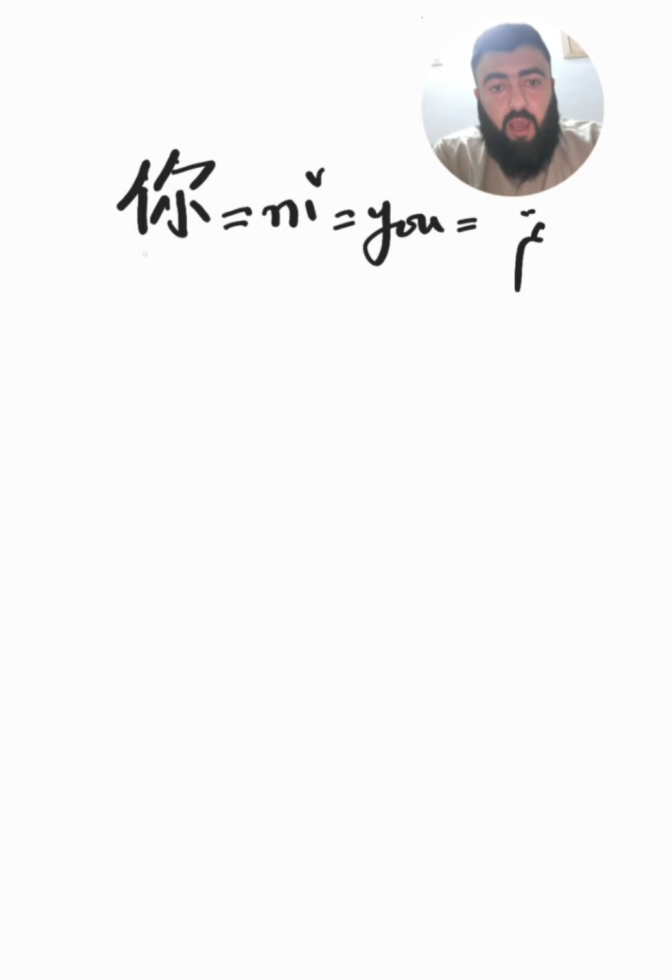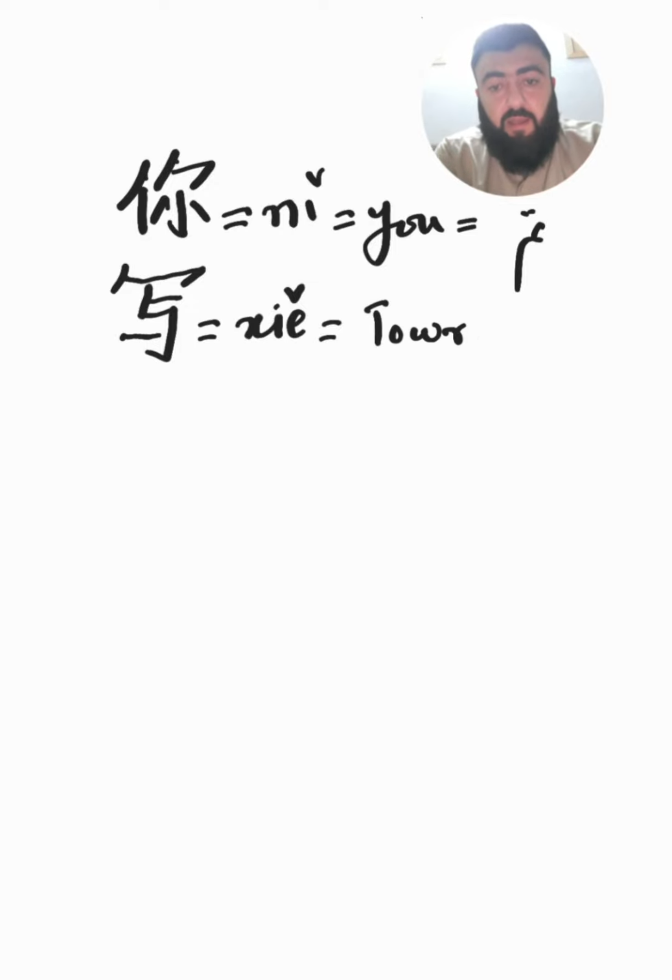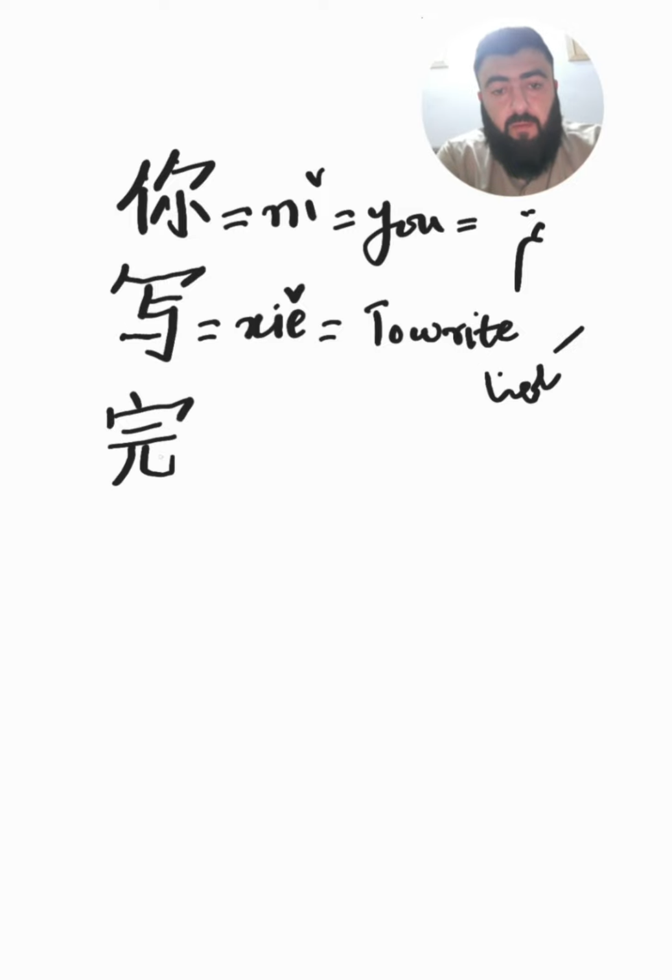Okay, and the other word is xie, यानी to write, लिखना. मैंने वहाँ पे लिखा हुआ भी है. और ये जो लफ्ज़ है, wan, to finish, ख़त्म करना.